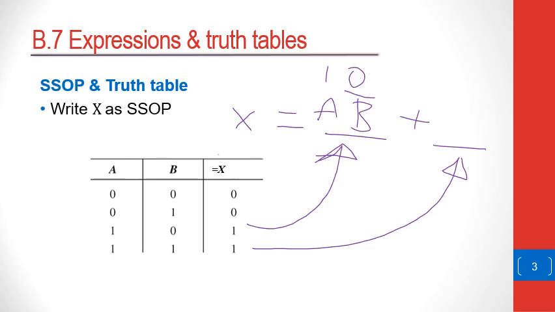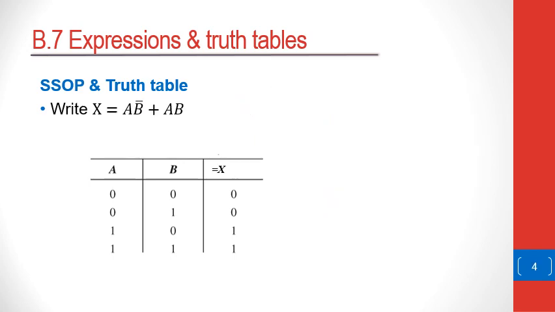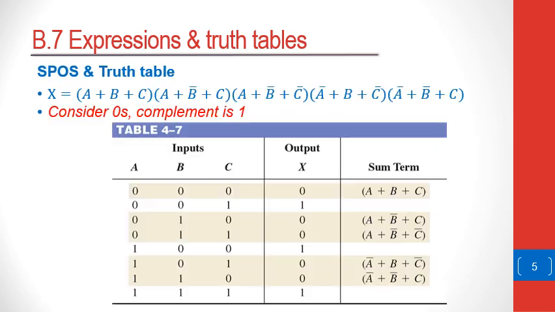The second one is 1, 1: A is 1 and B is 1. Therefore, by simply looking at the truth table, we can tell that in standard sum of products, this truth table represents this function. So that is the answer.